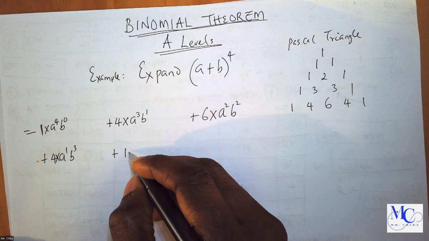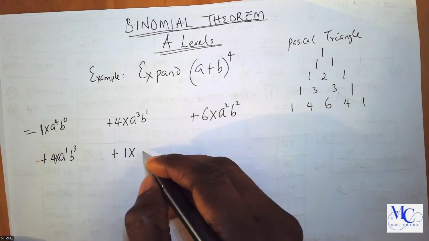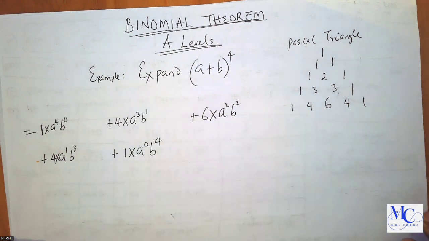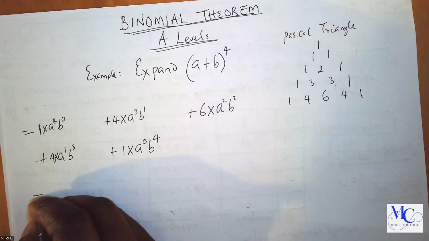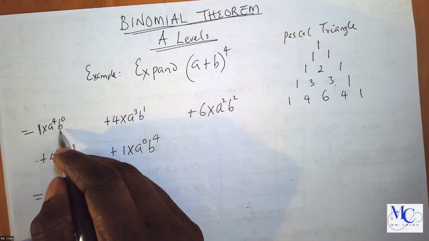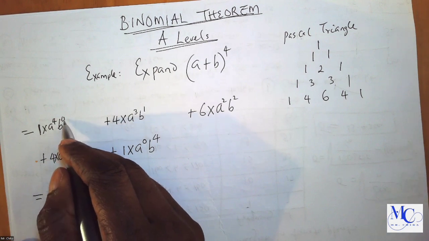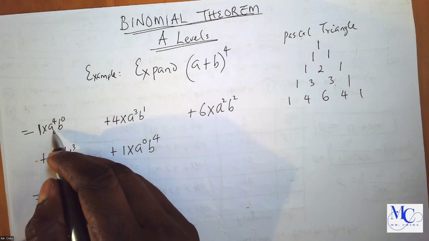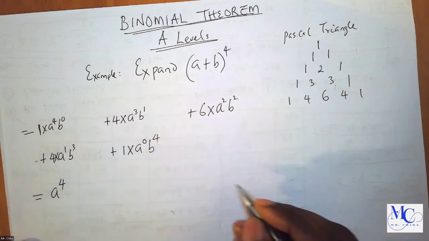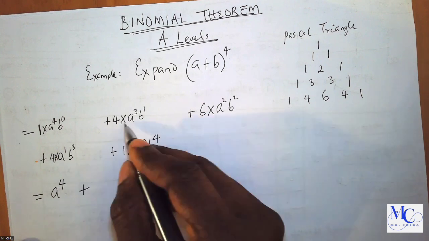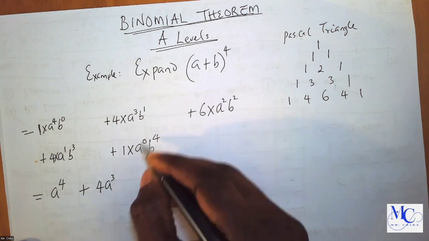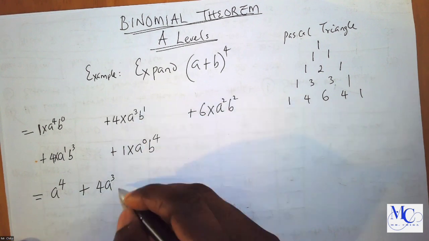And then the final one, 1 times a to the power of 0 and b to the power of 4. If you tidy that up, 1 times a to the power of 4 times b to the power of 0. Anything to the power of 0 is 1, isn't it? So that gives you a to the power of 4. Then plus 4a cubed b, anything to the power of 1 is the same thing.